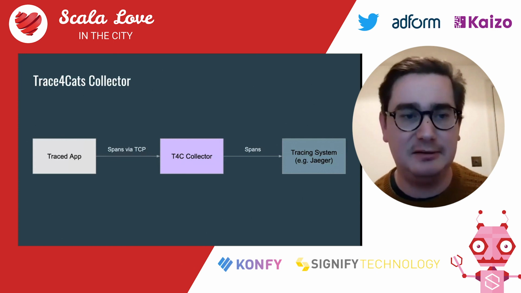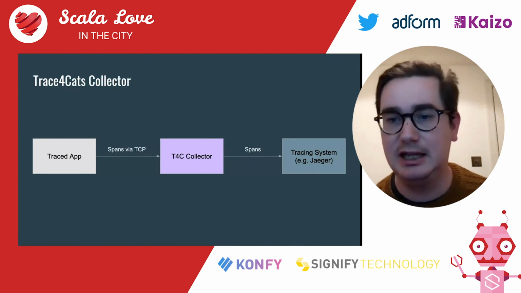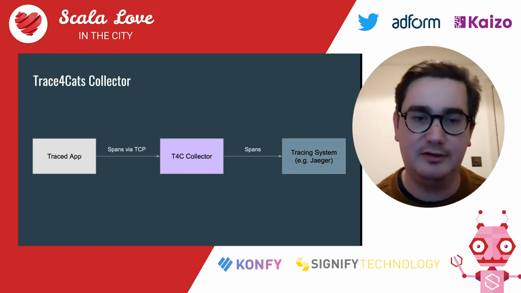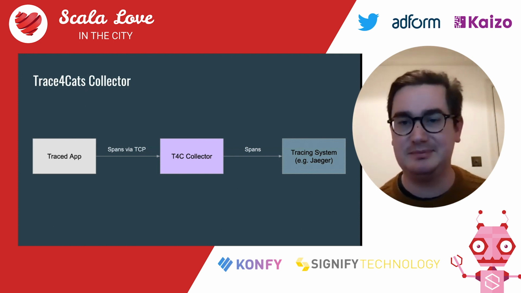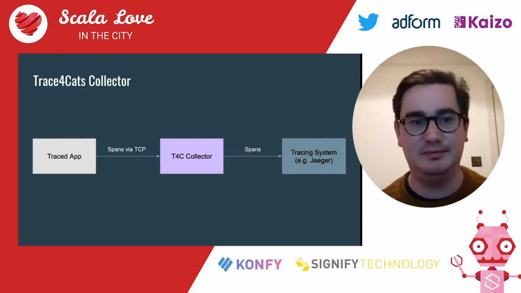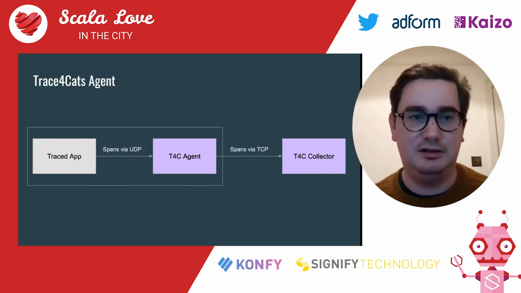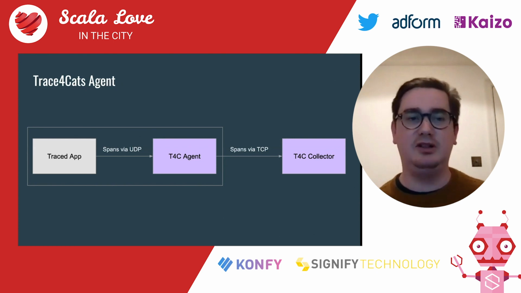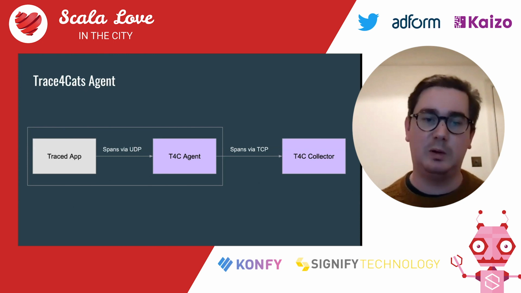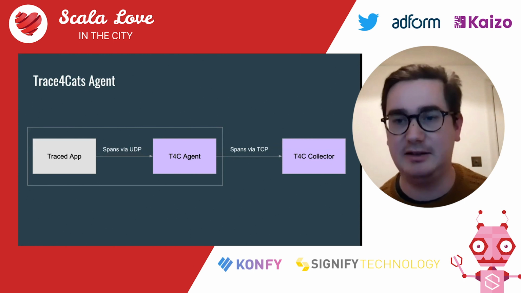And then there's the collector, where you can send from a traced app to the Trace4Cats collector. And the collector can then do things like sampling and filtering sensitive attributes, and then forward those spans on to a tracing system. Alternatively, if you don't want to send to a collector because there may be some kind of resource contention, you can deploy the Trace4Cats agent that simply forwards spans on to the collector.